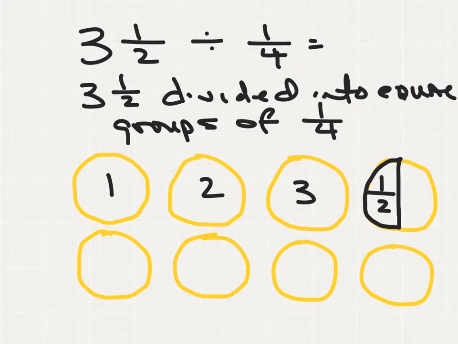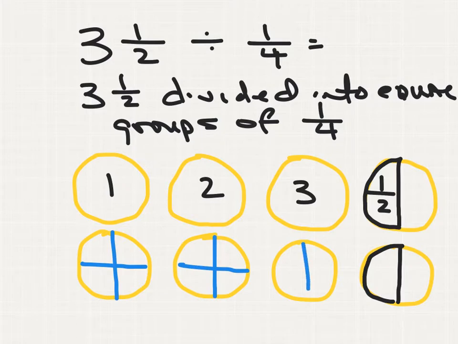Only this time, remember we just have this half, I cut each one of these wholes into 4. I'm making equally sized groups of 1/4. Each one of these is 1/4. And when I have all 4/4, I have one whole.